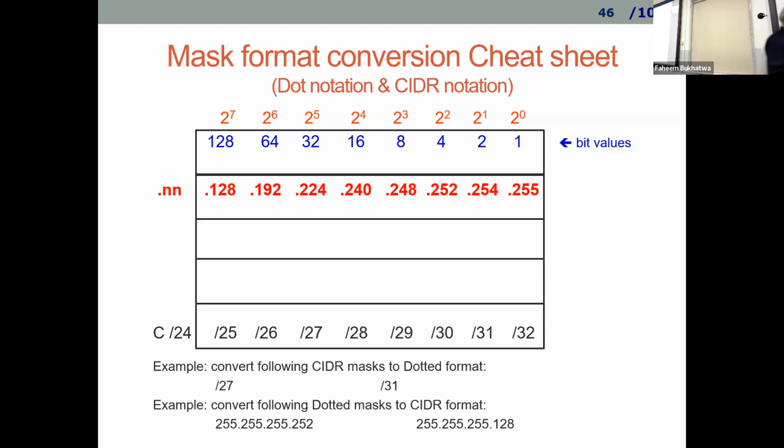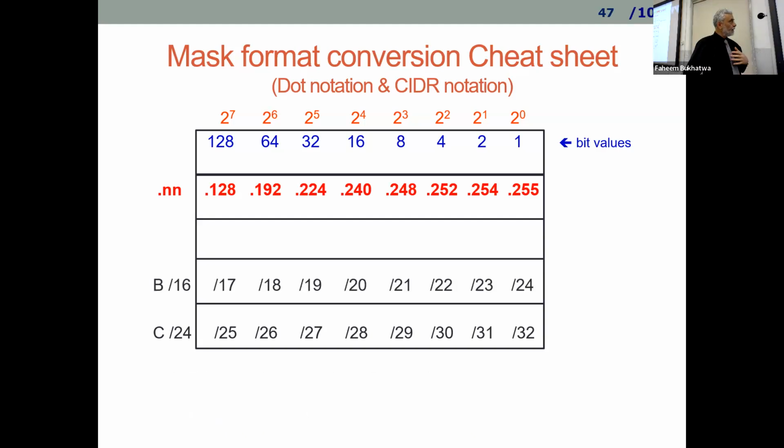This will tell you straight, if you want to convert /28, for example, or /27, it's 224. /31 is 254. /25 is 128. That's the decimal representation for writing the mask.